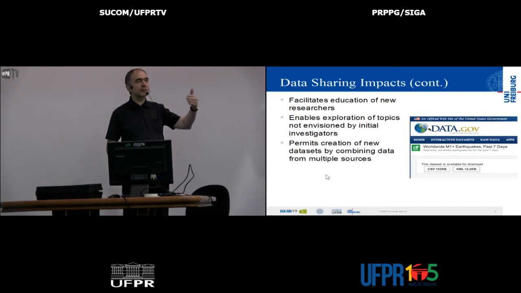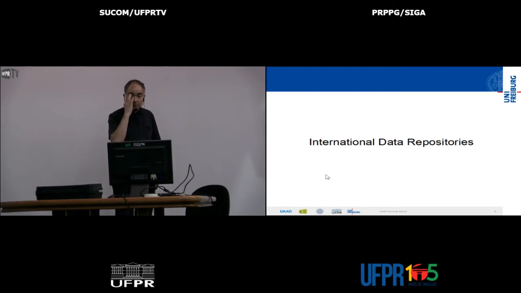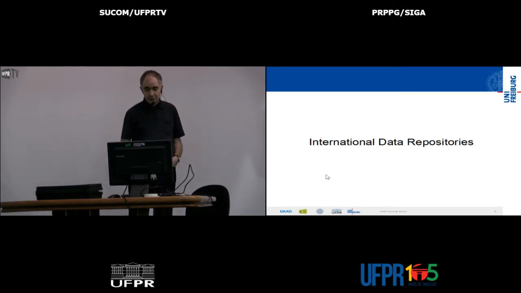The total setup requires different sets of data which have to be combined. And then you realize it's probably not about glory at all. There's some basic things like hunger on the other side, pushing people. We talk about data repositories, and of course we wonder about international data repositories.